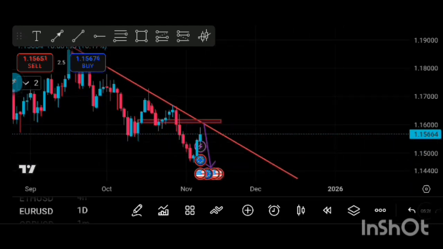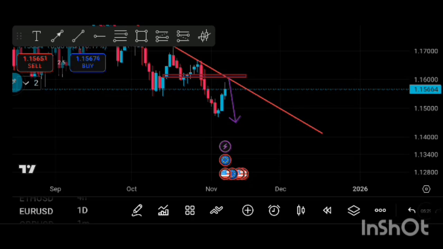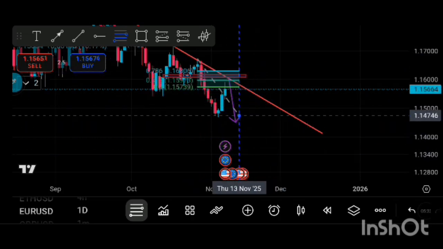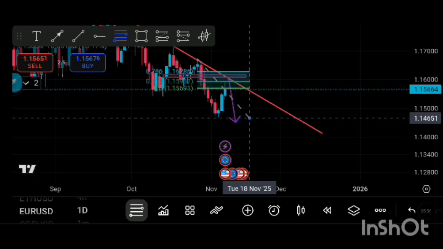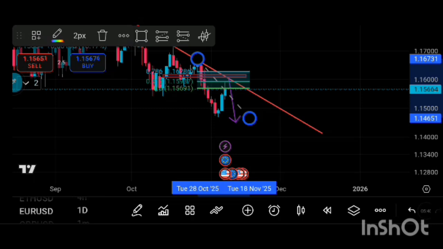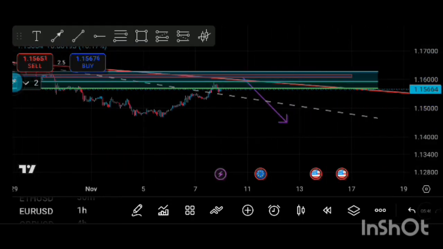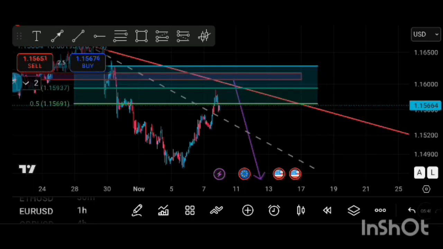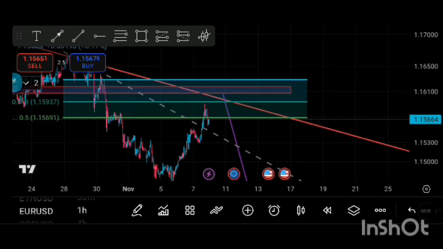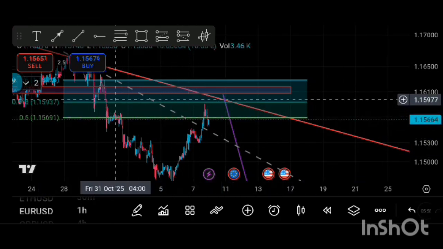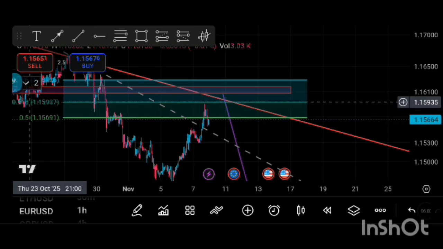So hope you guys are following with me. Not this week, price can change, but for me, I'm going to be looking for sales. And as you can see, according to the Fibonacci retracement tool, we are tracing the 0.5 and also the 0.618 zone.